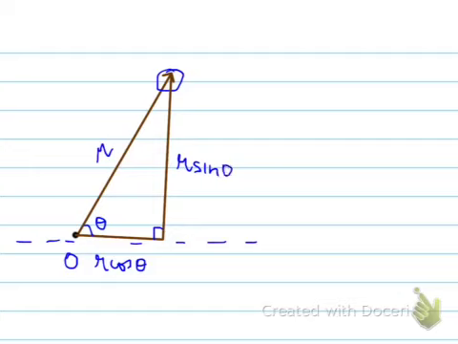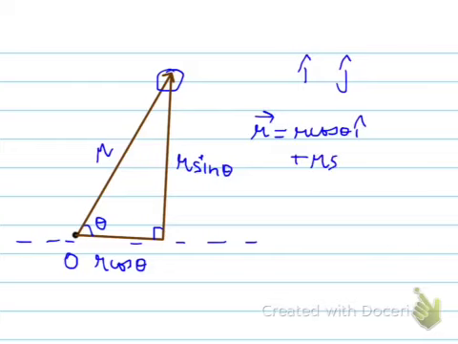Then there are predefined unit vectors of magnitude 1, which can be called i cap and j cap, and therefore we can write R vector as R cos theta i cap plus R sin theta j cap.